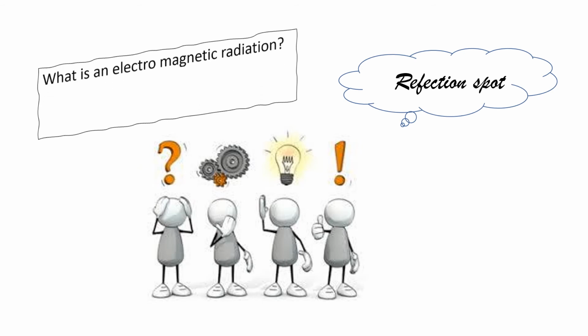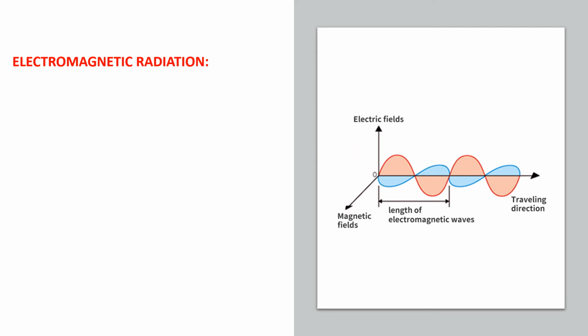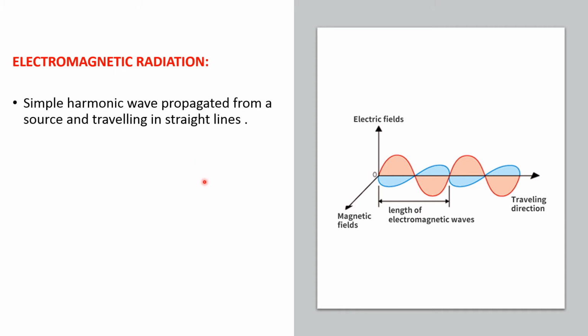So what do you mean by electromagnetic radiation? You may be thinking that electromagnetic radiation is light or light energy or a wave. Yes, all your imaginations are true. The name itself indicates that it has both electric component and magnetic component.